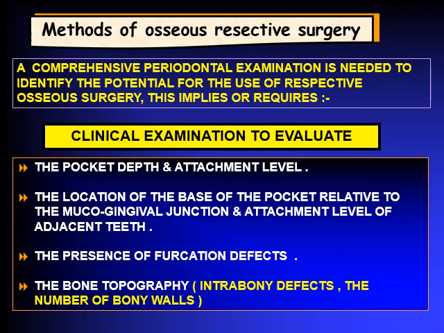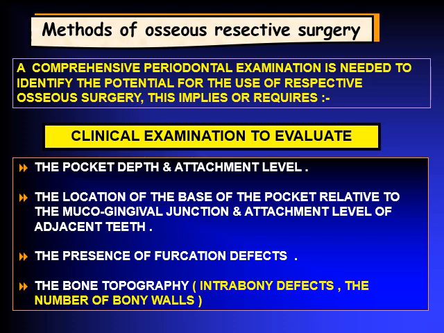Before you do your osseous resective surgery, first of all, as you know, you have to do a comprehensive periodontal examination to identify the potential for the use of osseous resective surgery. This requires the following.